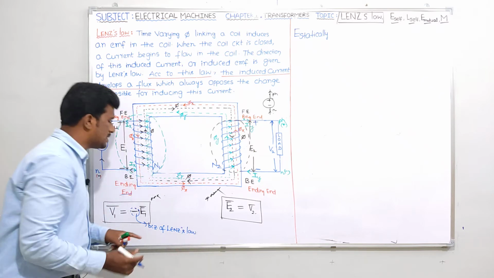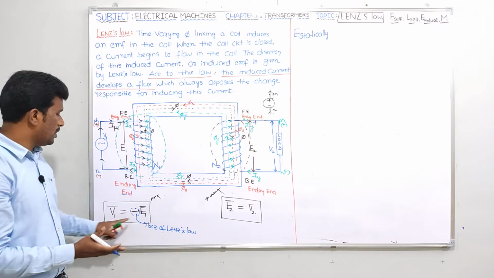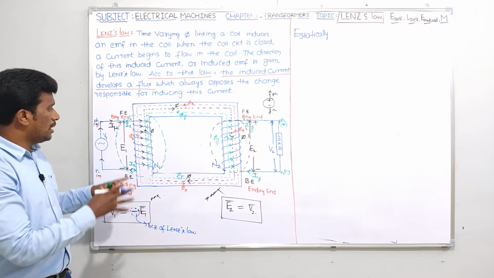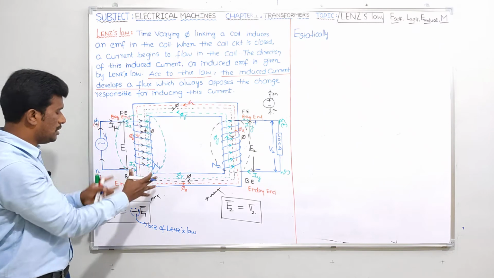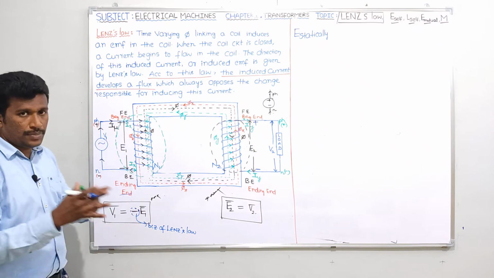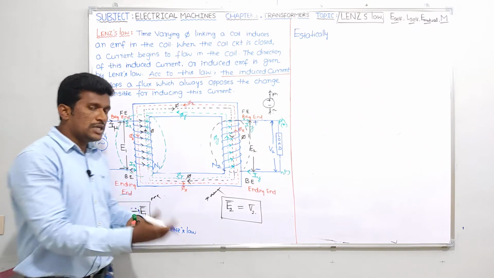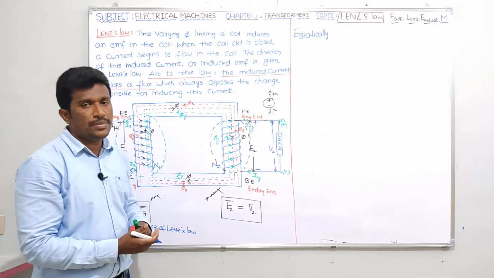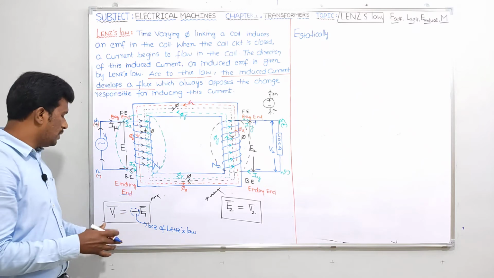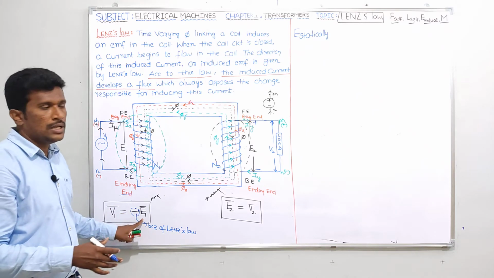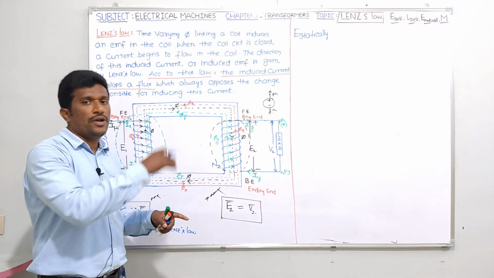Suppose you are not able to understand how we got V1 bar equals minus E1 bar using this discussion, and you are not able to follow, no problem. In the next videos, I will be discussing Lenz law where I will show the angle between V1 and E1 as 180 degrees, using waveforms.